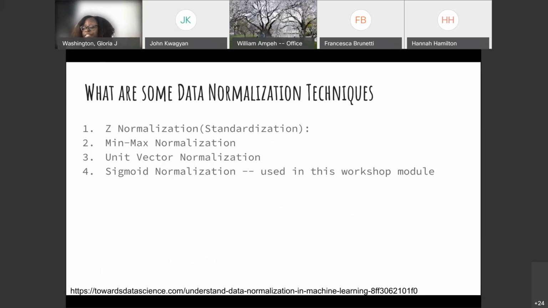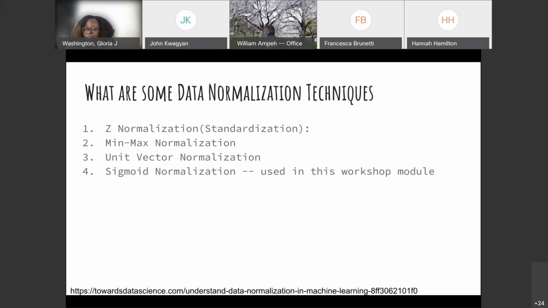So there are several different techniques. The technique that was utilized in our particular module was the sigmoid normalization, which normalized all the values between 0 and 1. This is common. There also is Z normalization, which is a standardization of all of the values.